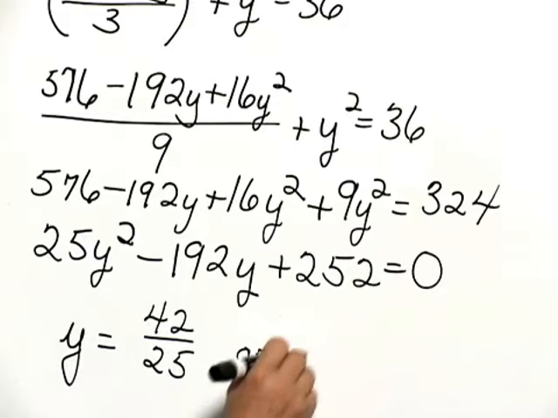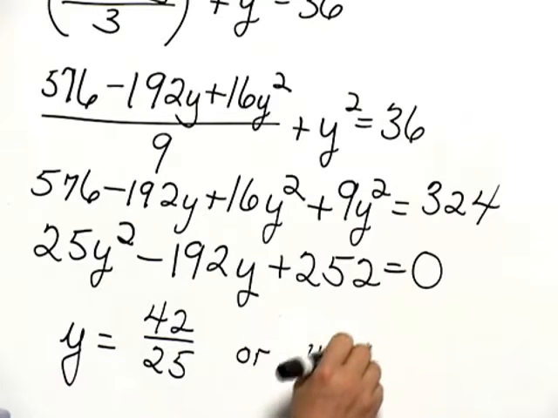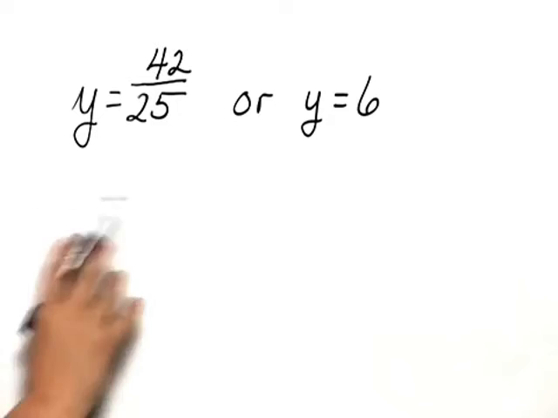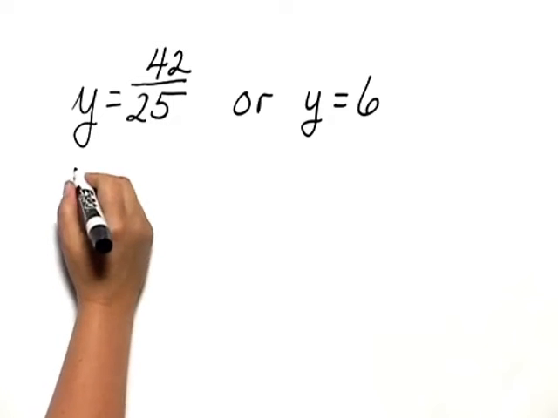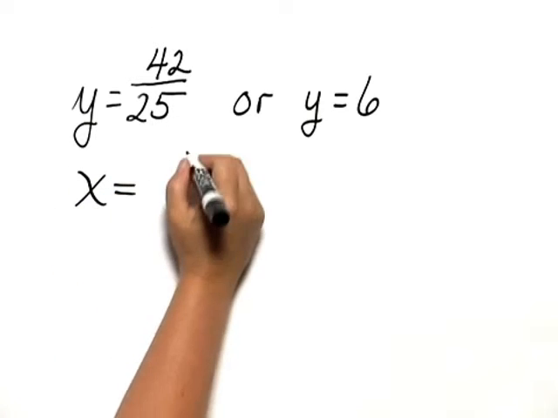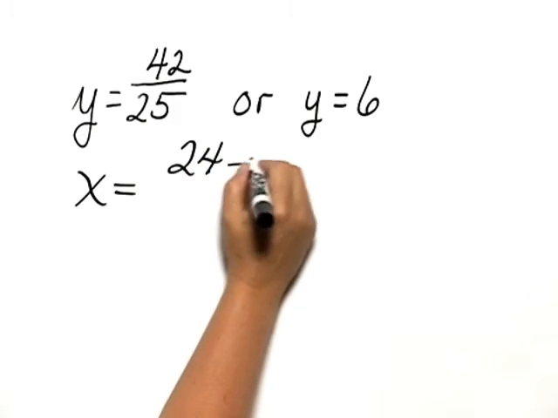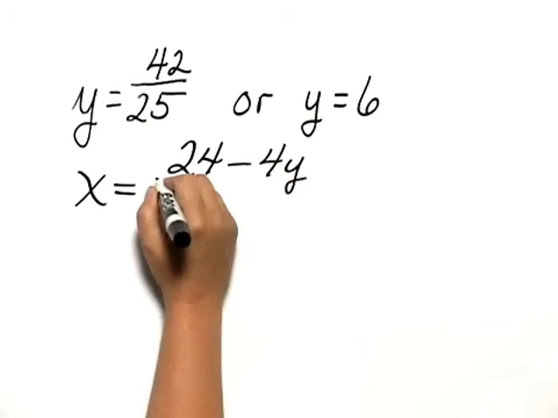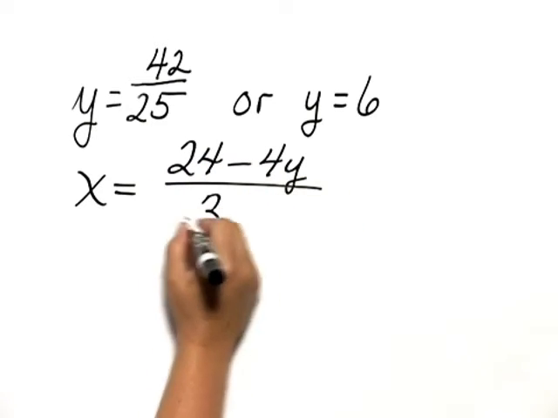or y equals 6. Now we take those two values for y and we find the corresponding x values. So we have these two values for y, and we also know that x equals (24 minus 4y) over 3.